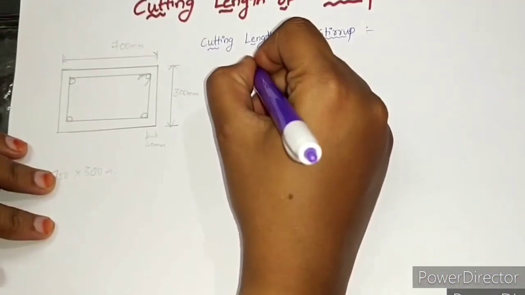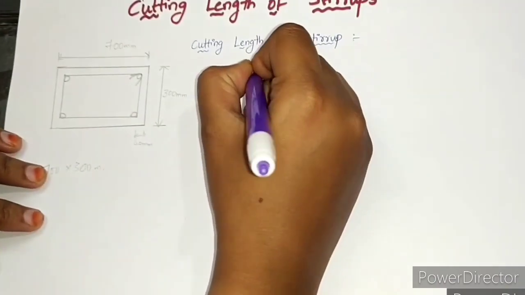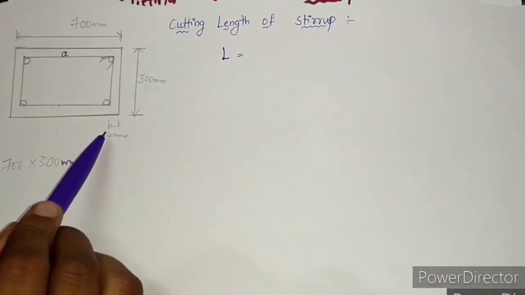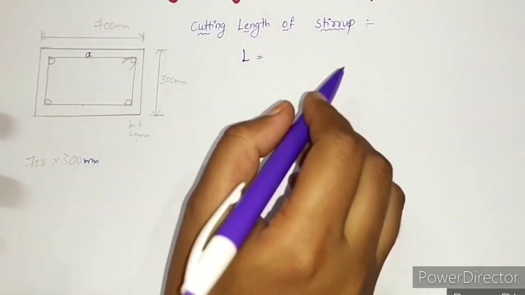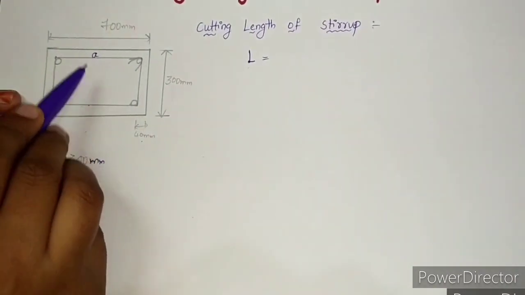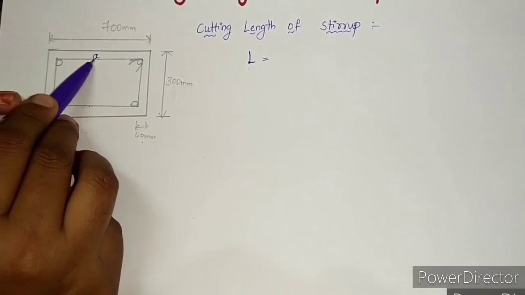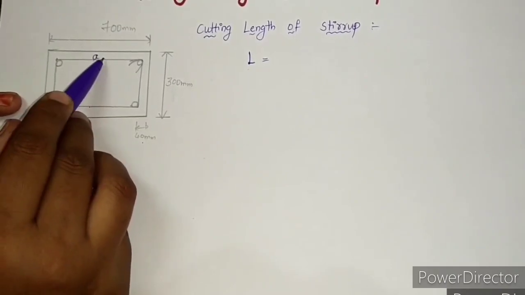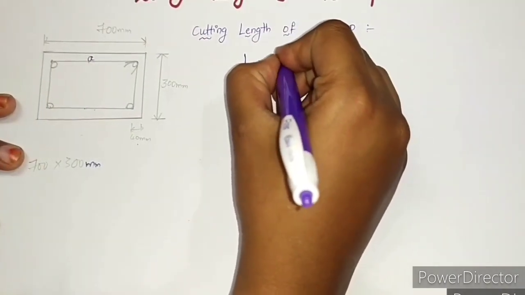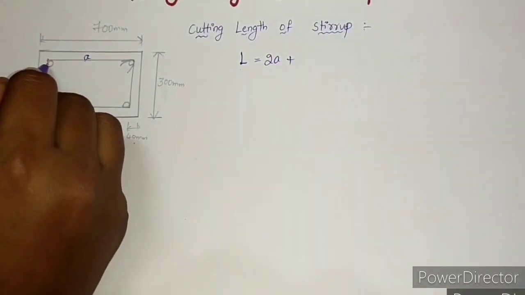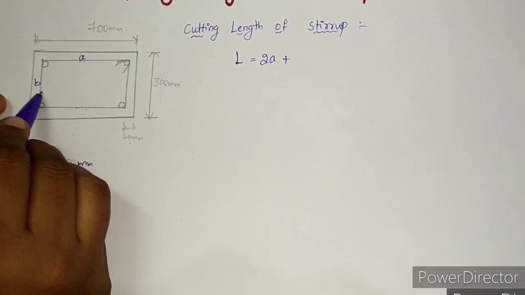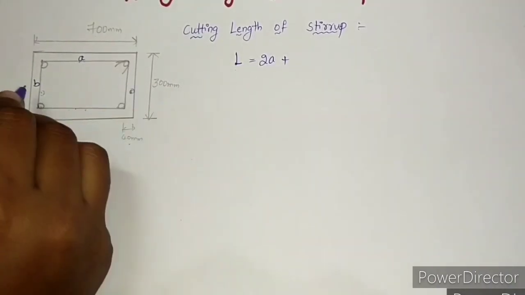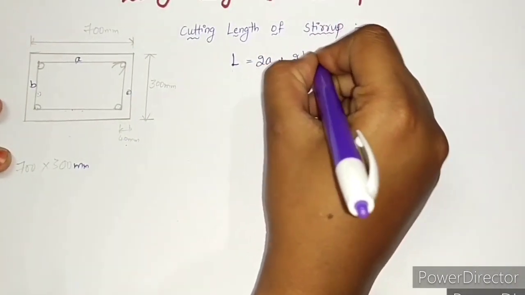Cutting length of the stirrup is capital L. The clear cover for the column we are taking as 40 mm. The formula for cutting length of the stirrup is these two lengths. Let us consider this as small a, that is 1 plus 1, taken as 2a, plus this we consider as small b, this is one and this is another one, so here it is 2b.